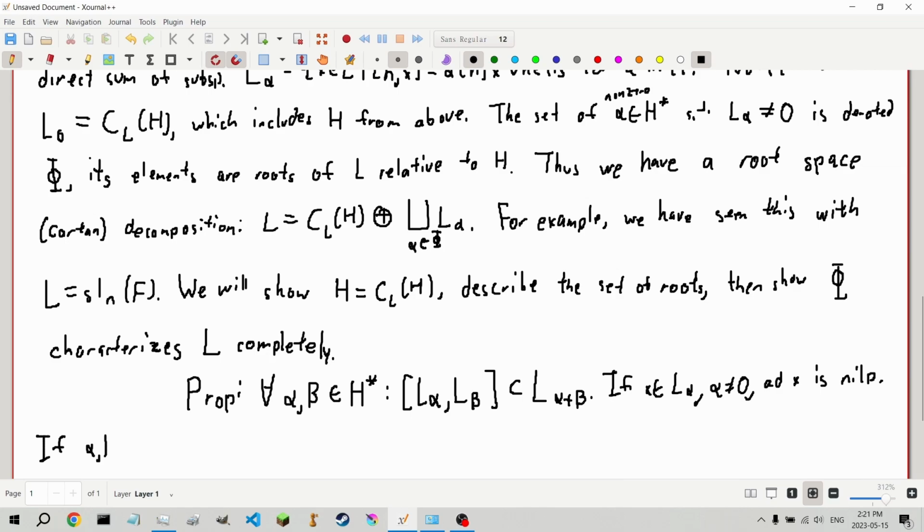If alpha and beta are in H star, and they're not just the negative of each other, then L_alpha is orthogonal to L_beta with respect to the Killing form.